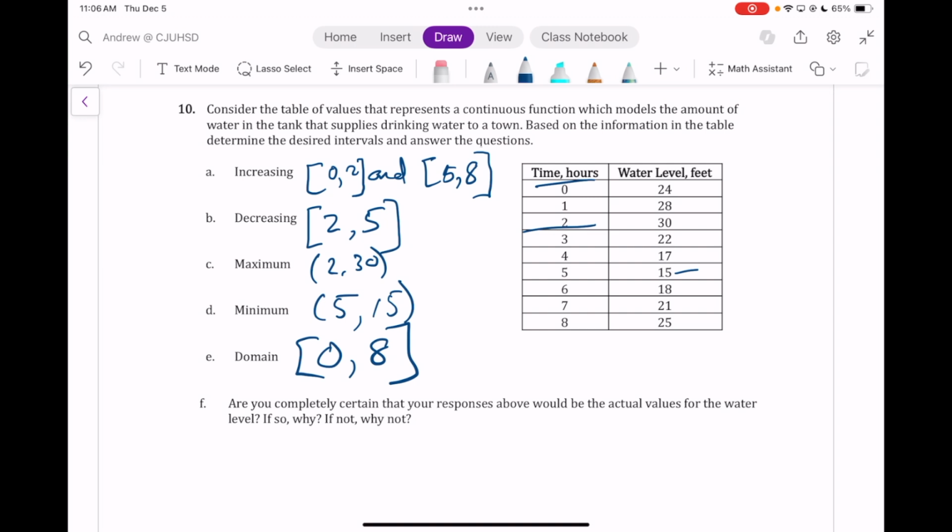So that means that, for example, it could have had a maximum more than 30, because 30 happens somewhere between hour 1 and hour 3. But there could have been a time when it actually went above 30 and it just came down in time for measuring. So the simple answer to that is no, and the reason would be these are discrete values in the table, but it's a continuous function.